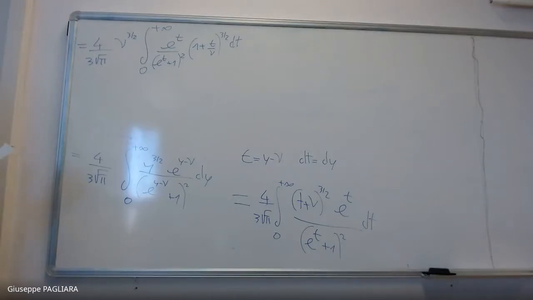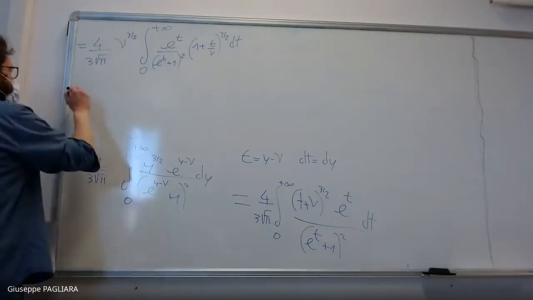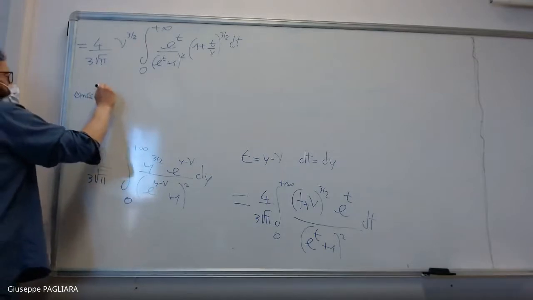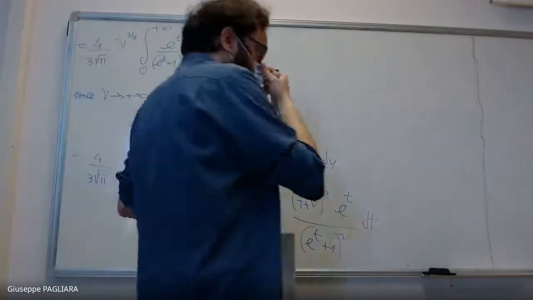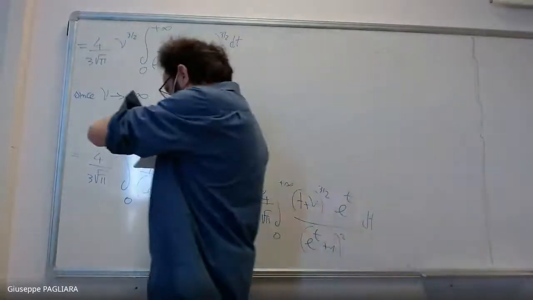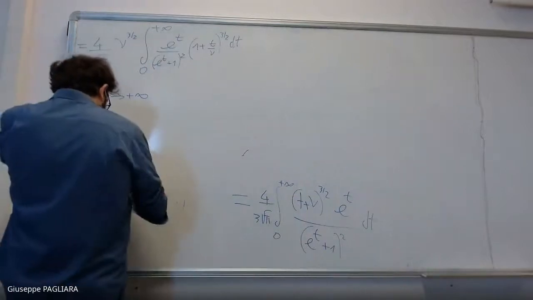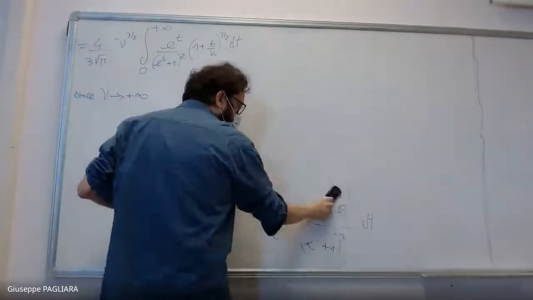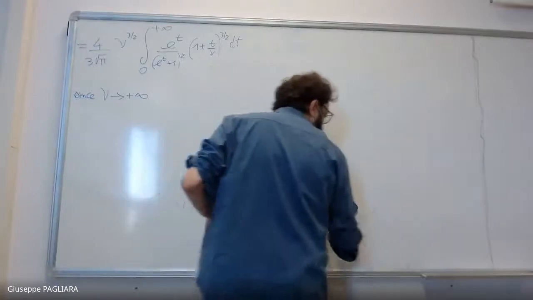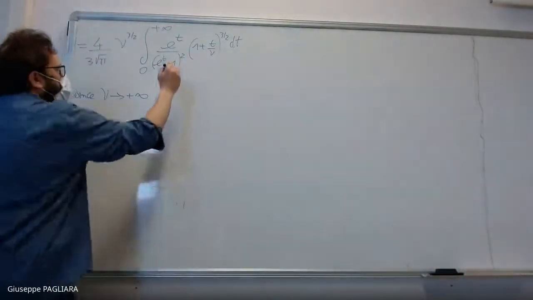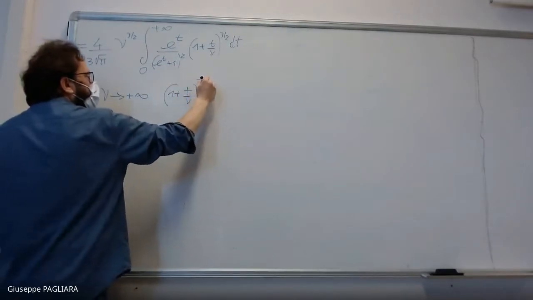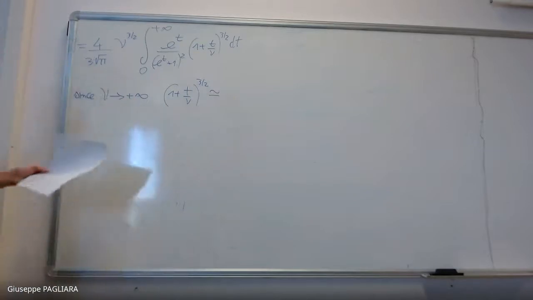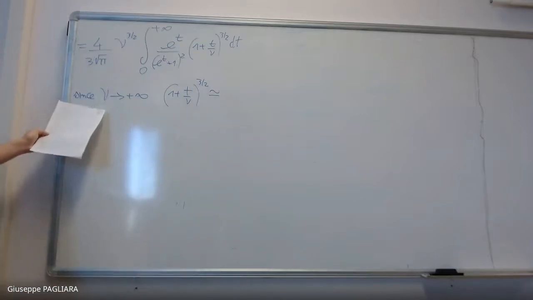Good. Now, since mu is going to plus infinity, because we are expanding around infinity, I can expand this function here, 1 plus t divided by mu to the power of 3/2, which is equal, in the limit in which mu is large, to 1.